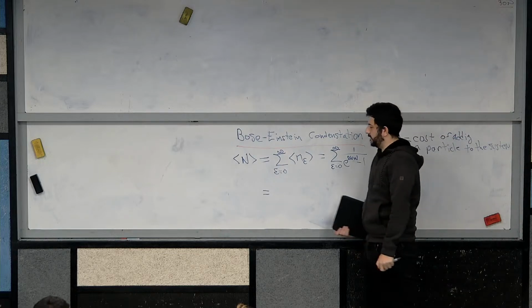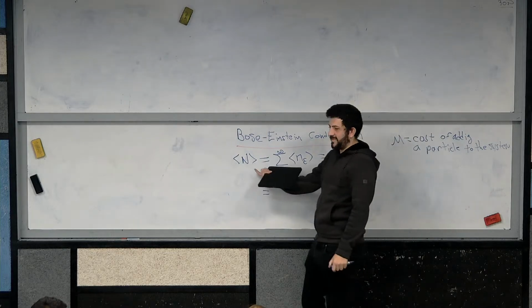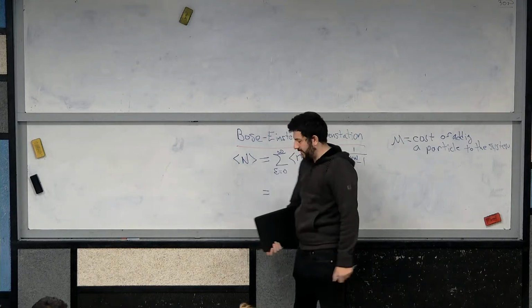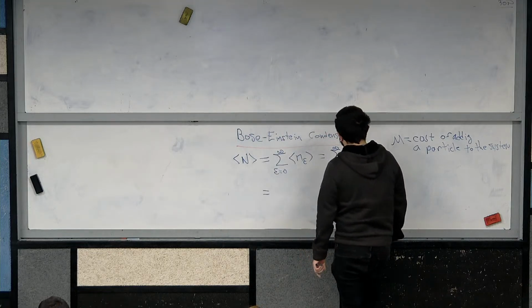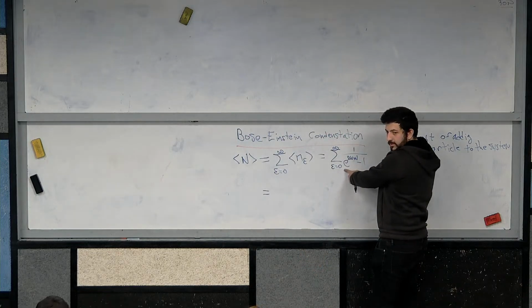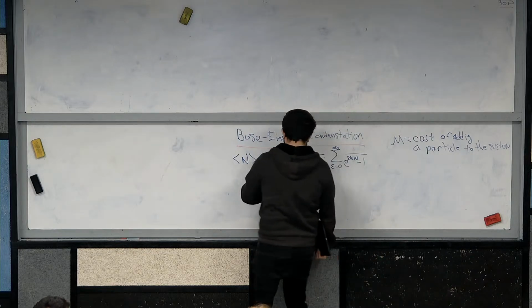If the cost is 0, then we should get as many particles as we can get, right? So, do you know how to solve this sum? Me neither. You have to go to the integral, right?